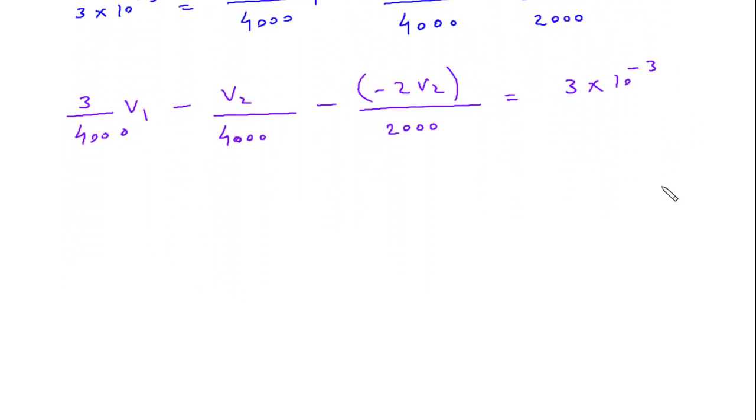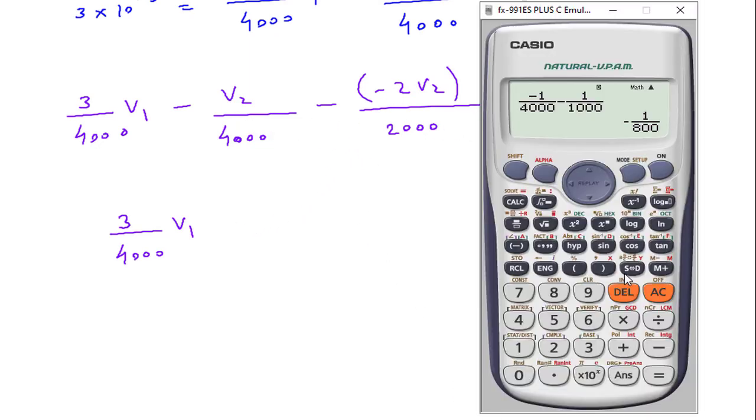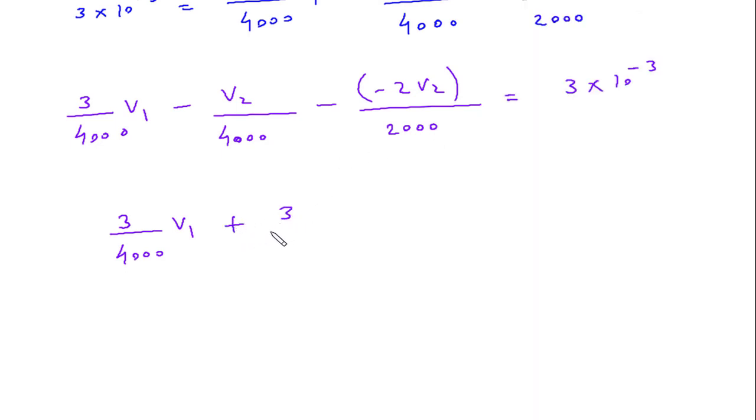Now if we simplify this, this will be 3 by 4000 V1, and V2 times minus 1 by 4000 minus 2 by 2000, so this will be 3 by 4000 V1 plus 3 by 4000 V2 is equal to 3 into 10 raised to minus 3. Let's say this is equation number A.